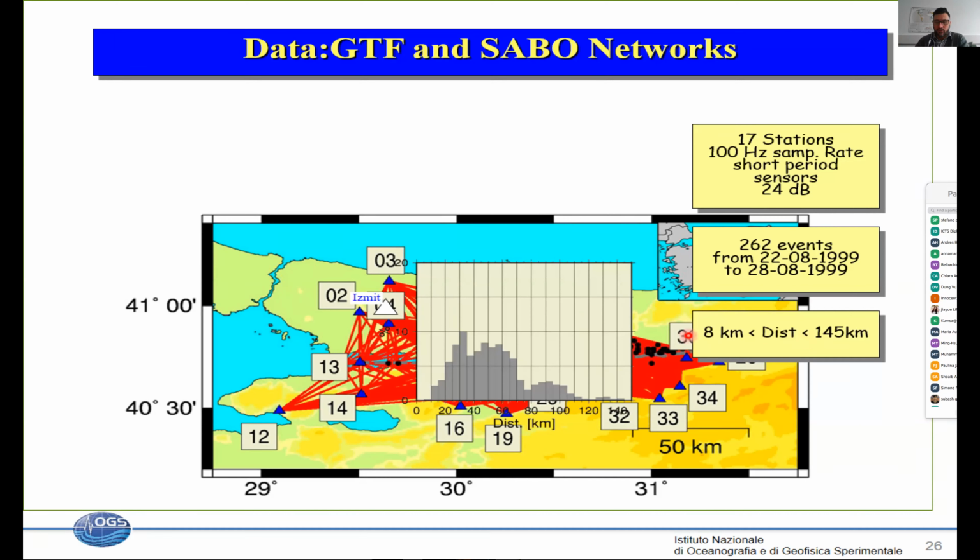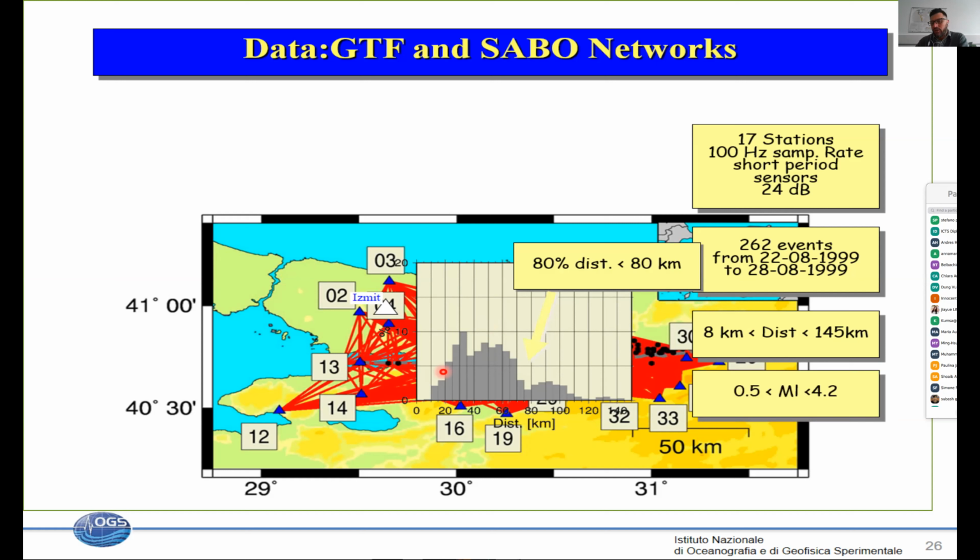And this is the distribution of stations. We knew that most of the events were anyway at a distance smaller than 80 kilometers from the stations. And this was the range of magnitude, 0.5 to 4.2, that we have been considering.